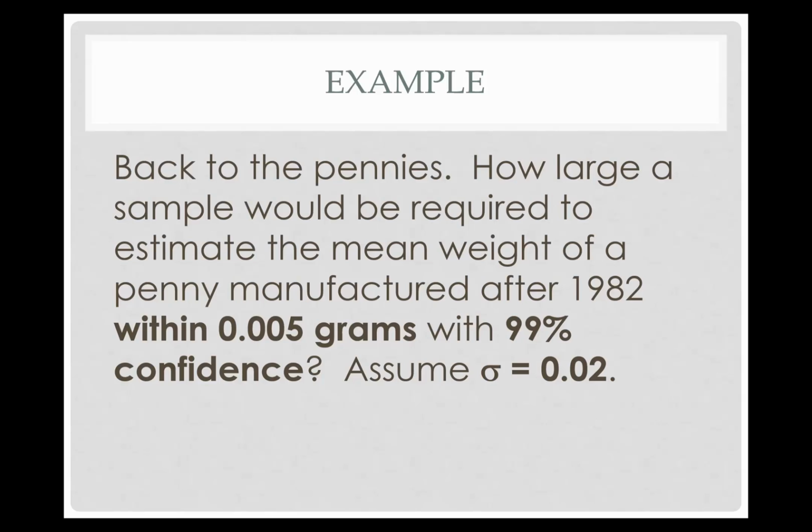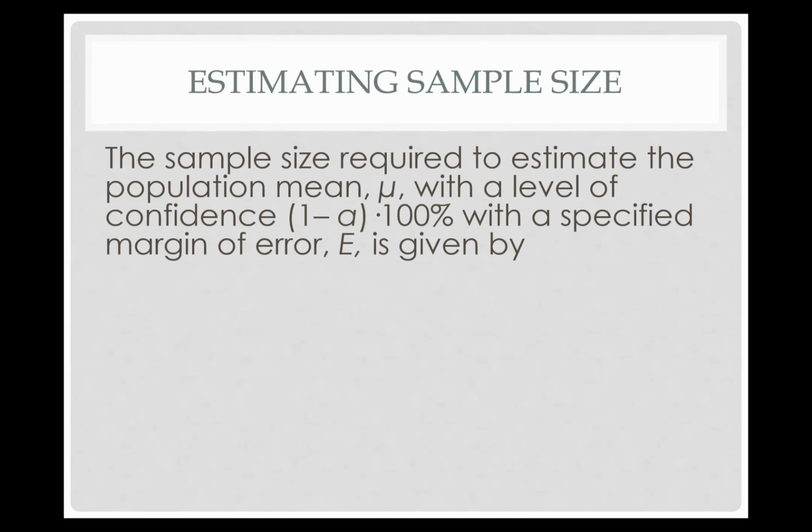And we're going to assume that the standard deviation of the population is 0.02. All right, so what we're going to do is use a formula that's similar to the one we used with the population proportion, but not quite exactly.